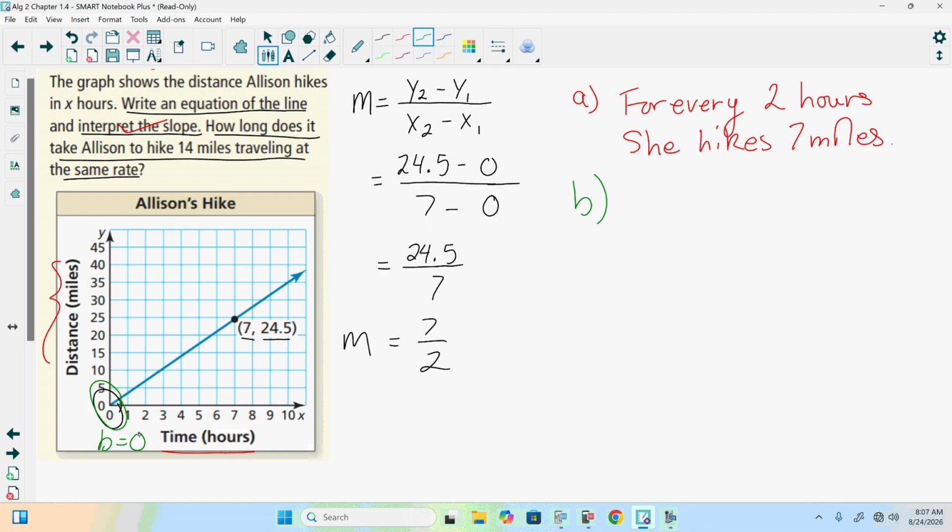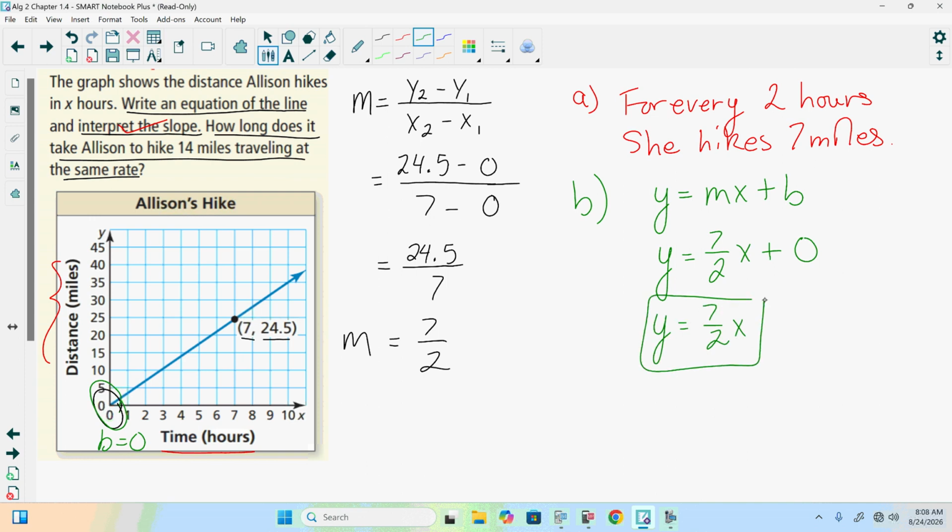Since I have the y-intercept, we can use our y equals mx plus b, where m is our slope, so y equals 7/2 x plus our b, 0. But we really don't need the plus 0, it doesn't add anything. So really our equation is just y equals 7/2 x.